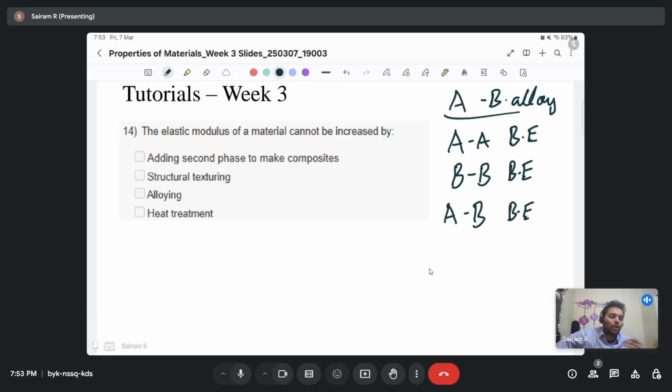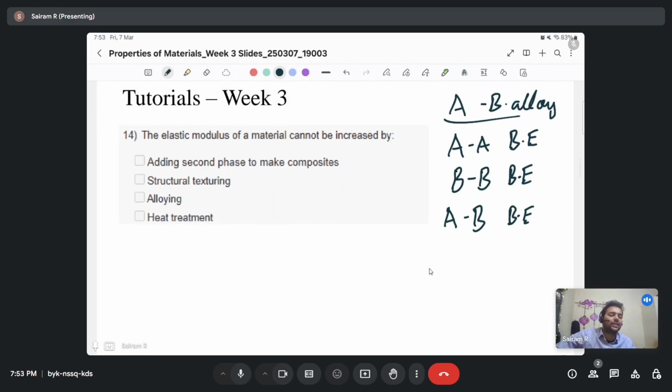These things are not directly going to impact my elastic modulus, because these are not changing the bond energy of my initial bond. There's not going to be any change to my initial bond energy. So upon heat treatment, it is not necessarily going to increase my elastic modulus, or necessarily change anything with my elastic moduli.